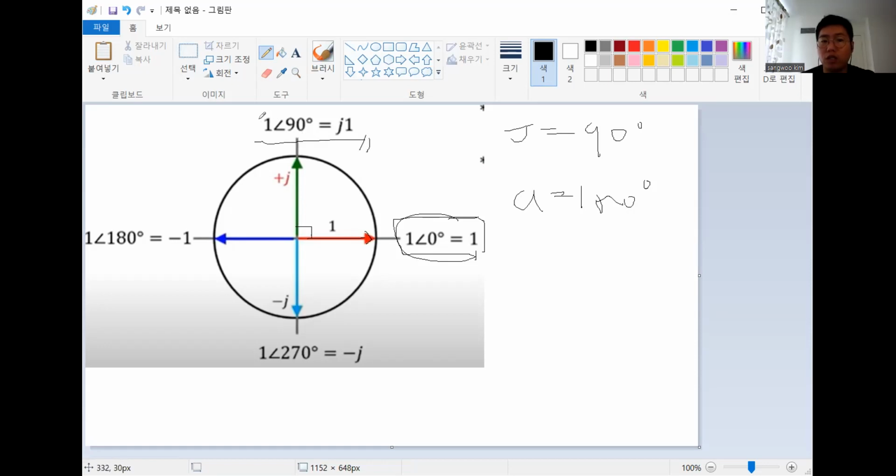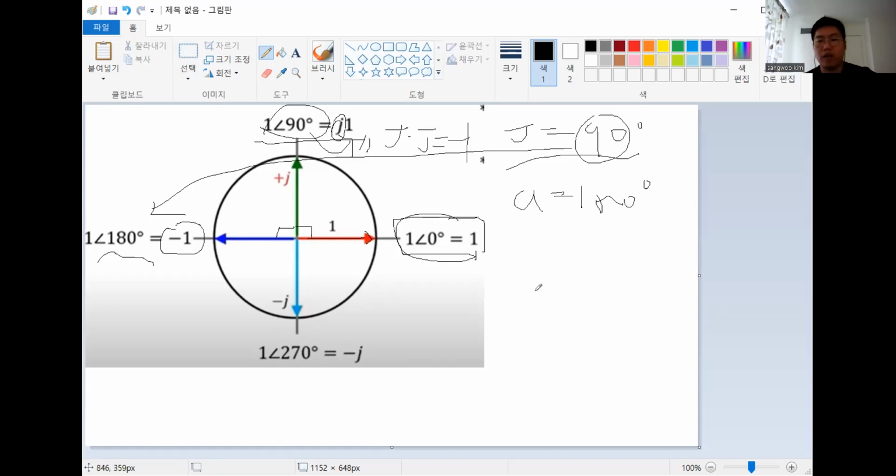If you change from polar coordinates to a complex number, it changes like this, same value. And as I said, since it has a J, it leads by 90 degrees. And if you multiply by J one more time, it's going to be -1 here. Here I said J is 90 degrees, so it's going to be double, 180.